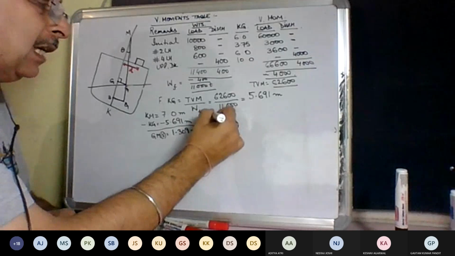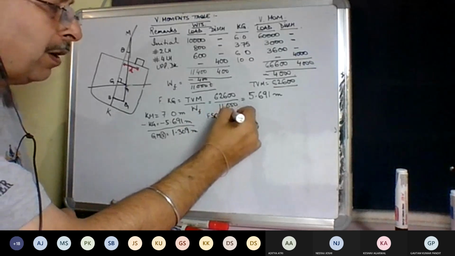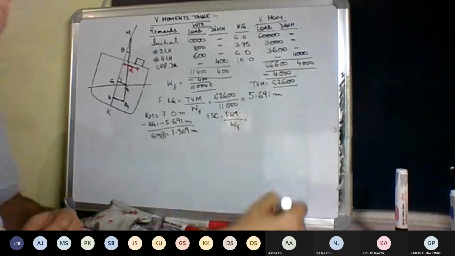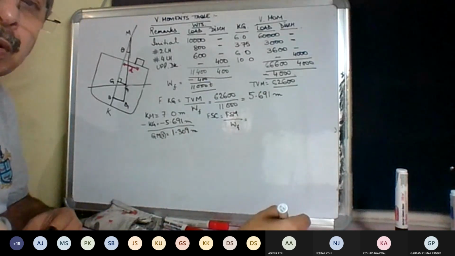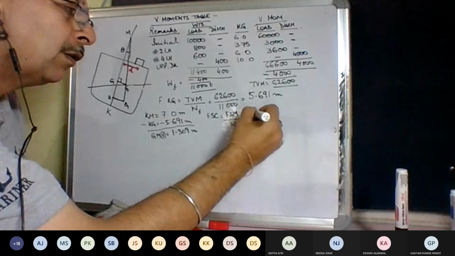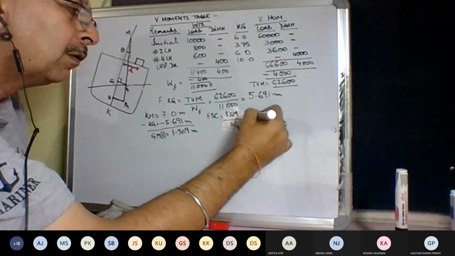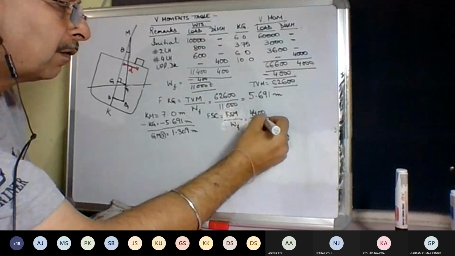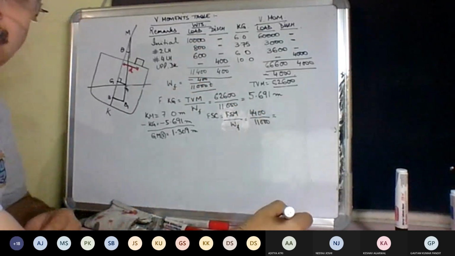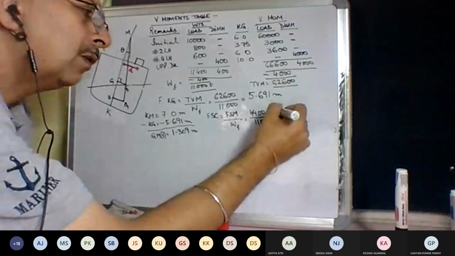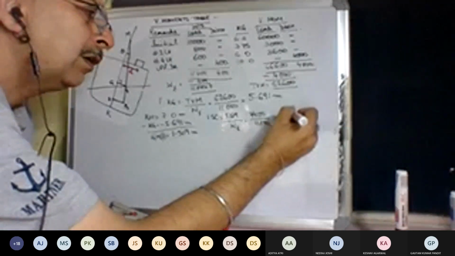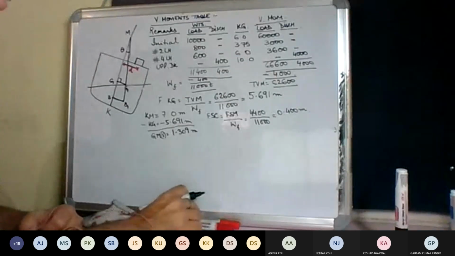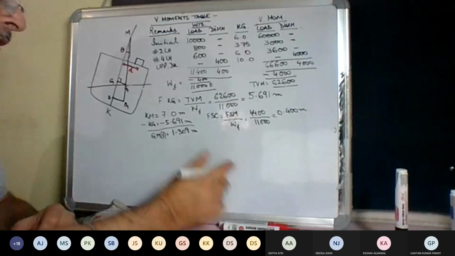Now FSC is equal to FSM over W final. FSM given in the question is 4,400 upon W final 11,000. 0.4. 0.4 is the FSC, free surface correction.